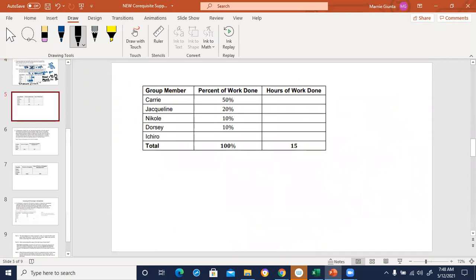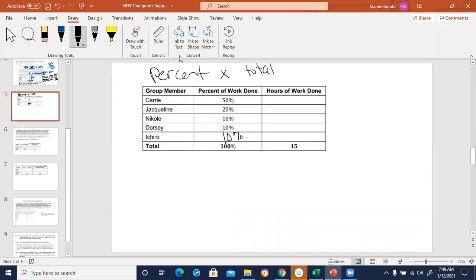Okay, so now that you've tried to go ahead and complete the hours of work done by person, let's go ahead and do some of these together. The first thing we need to do, we have to fill in Ichiro's percent, which we know was 10, which came over from the other answer, from part A. And now we're going to complete part B. And with part B, to get the number of hours done, again, the formula was, you have to take your percent and you're going to multiply it by the total of hours worked.